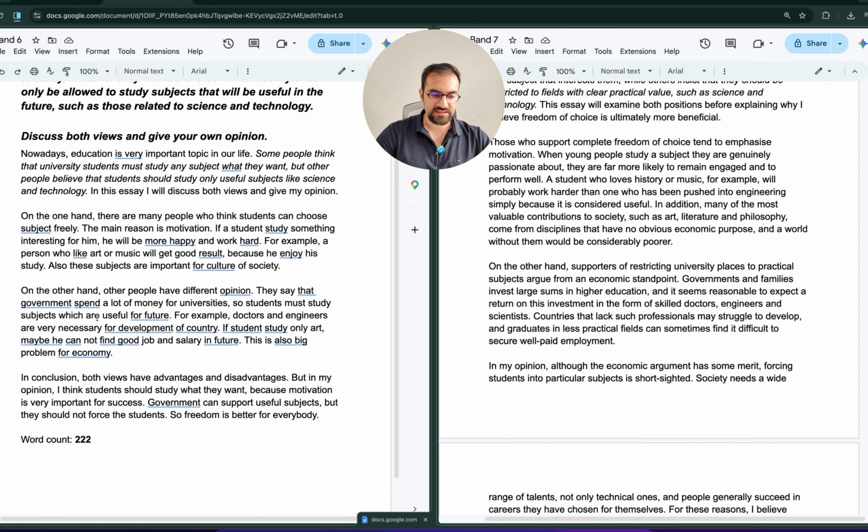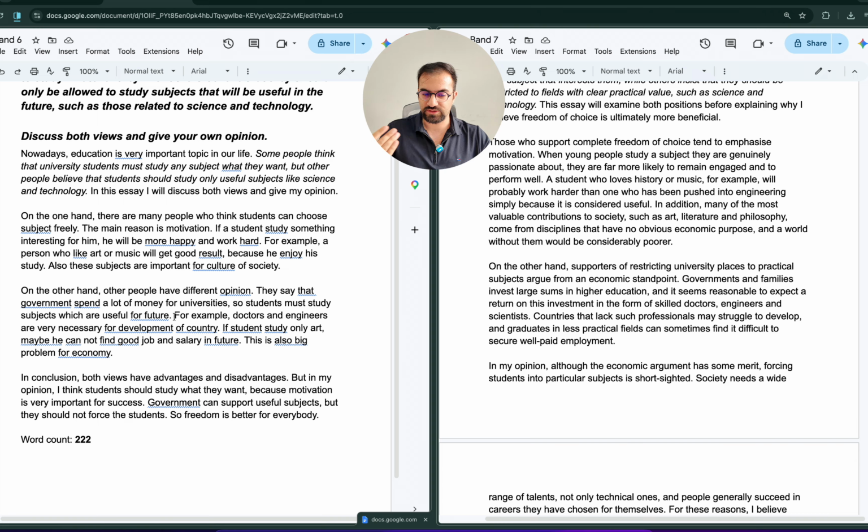So they say that governments spend a lot of money for universities, so students must study subjects which are useful for future. For example, doctors and engineers are very necessary for development of country. What does it explain? It doesn't explain anything. I know doctors and engineers are useful for the country, but spending money for universities, then how do you justify that spending a lot of money?